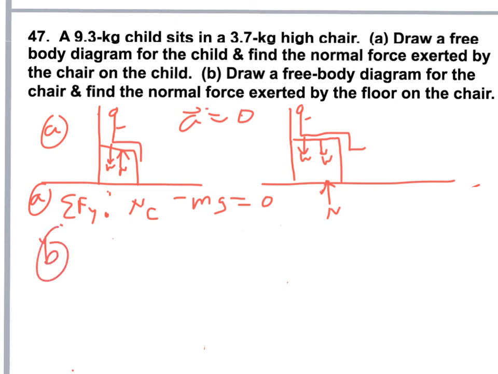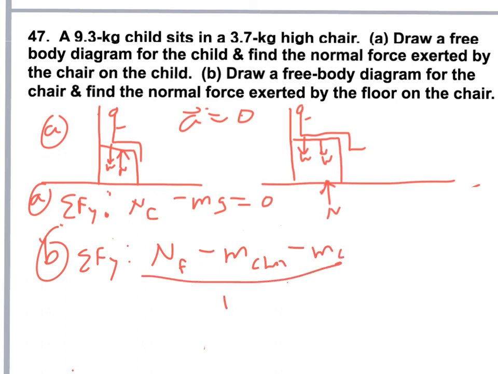So for B, we have our summation of F sub y, and our forces are the normal for the floor supporting the chair, the weight of the child, and the weight of the chair.